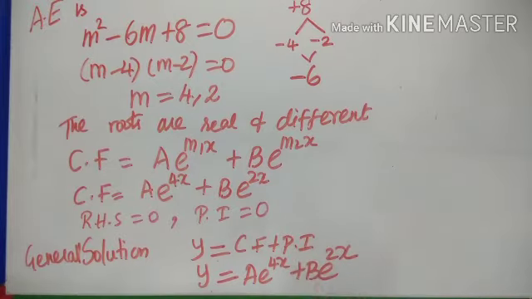PI is 0, so we ignore it. This is my answer. Instead of 4 and 2 here, I can also write 2 and 4. There is no rule about which number should come first or second. One constant into e power one number into x plus another constant into e power another number into x. So that is the answer.